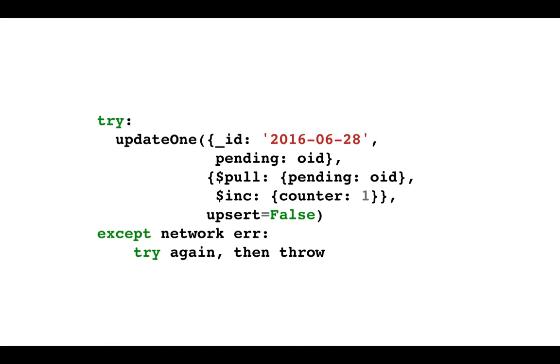The other caveat is, what happens if we try this second step and we can't do it at all? There's a long-lasting network outage, say, and we never manage to pull that pending ID out and increment the counter. For that, we'll need some sort of nightly cleanup task.